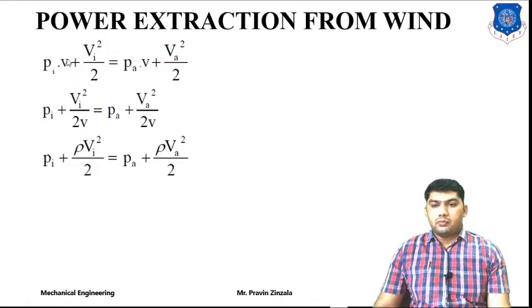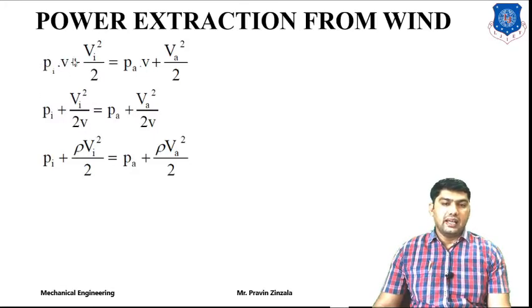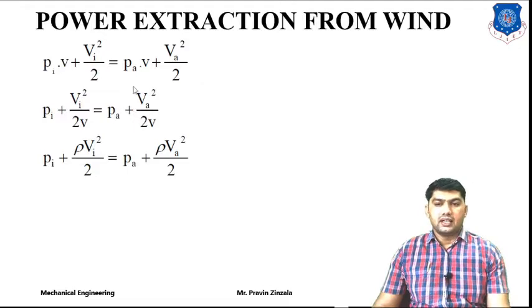So by this equation, separating the specific volume V, here Pi V, Vi square by 2V, because we are taking V common and cancelling from both sides. So on the right hand side PA V, Va square by 2V.